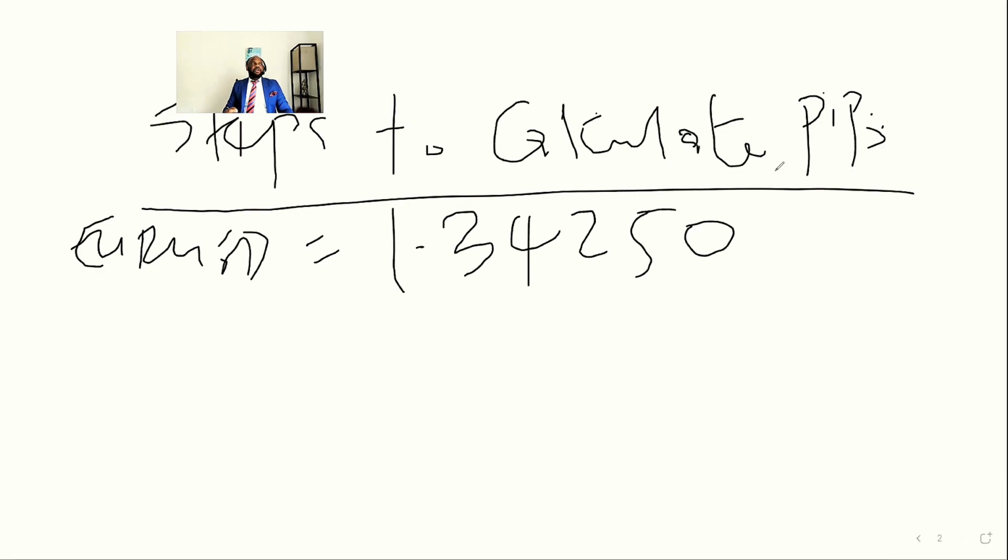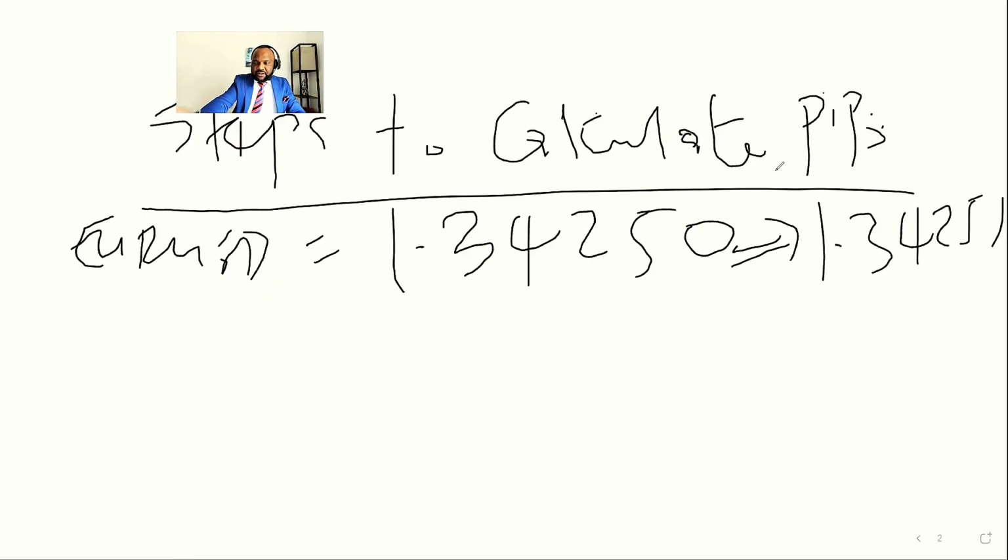And then you want to find out how many pips are made when the price moves from 1.34250 to 1.34260. So the first step is this.